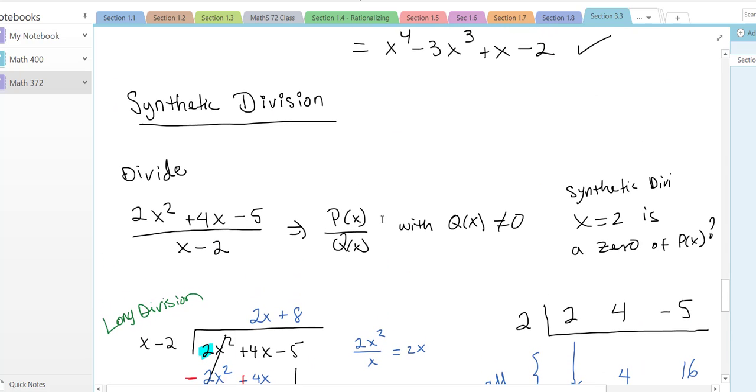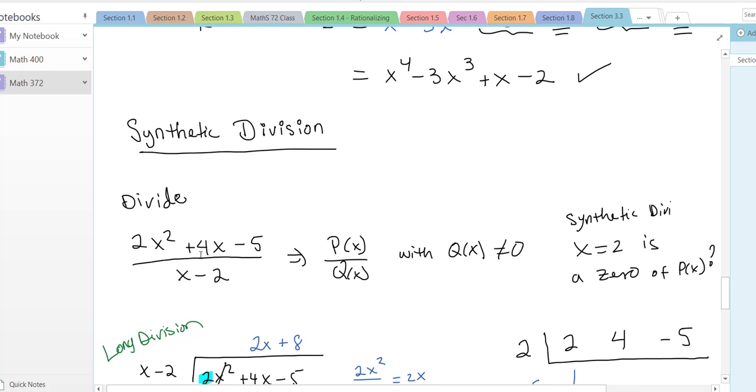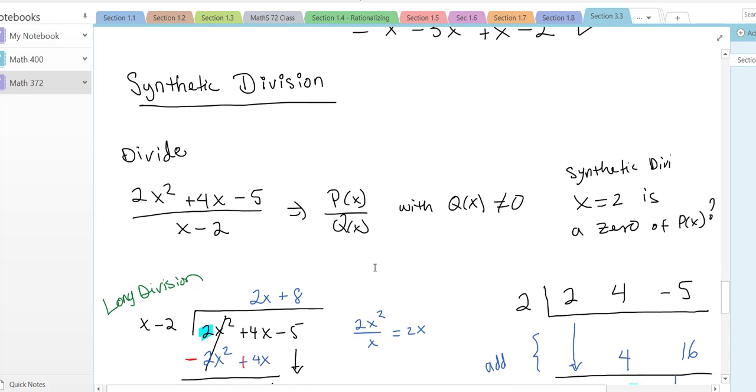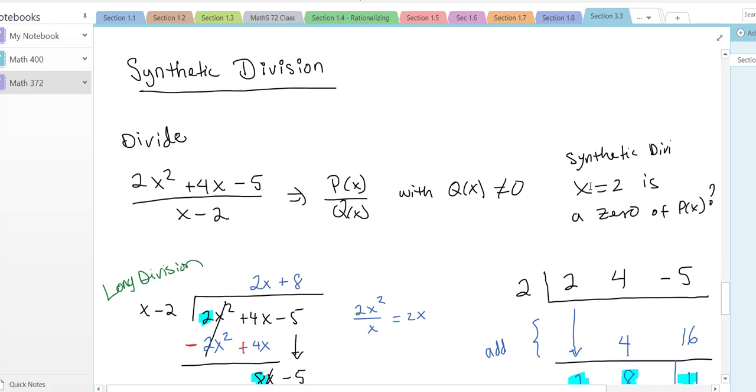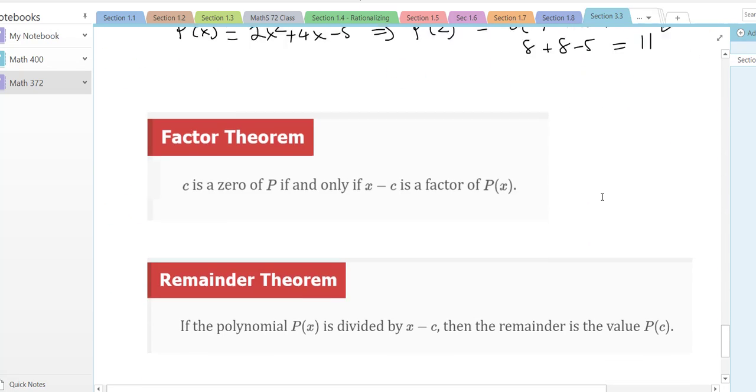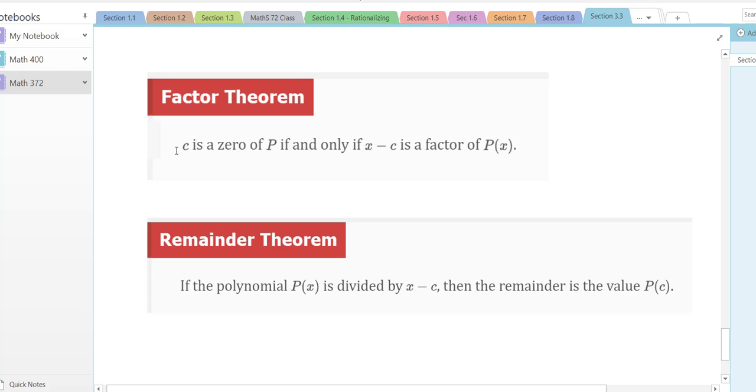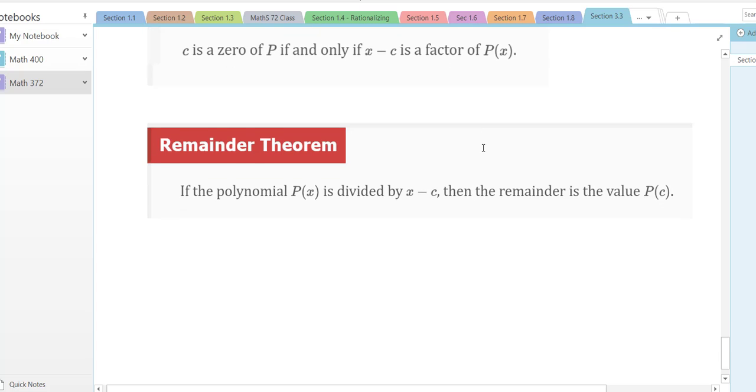So that's what I was saying here, that we're trying to see if x minus 2 is a factor of the numerator. So that's when we do the division. And being a factor means that then x equals 2 is a 0. So in this case, if I replace the c with 2, it says 2 is a 0 of p if and only if x minus 2 is a factor of p of x.